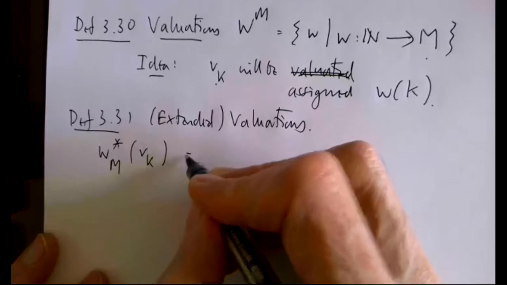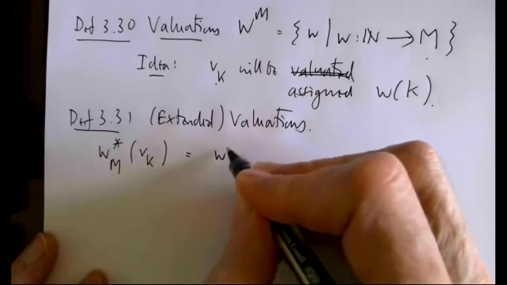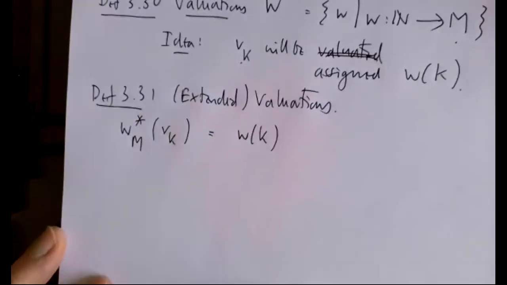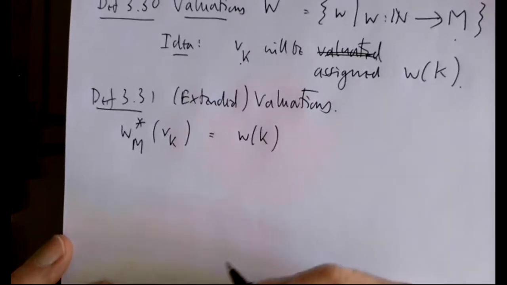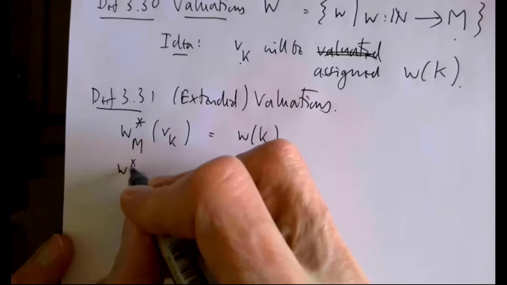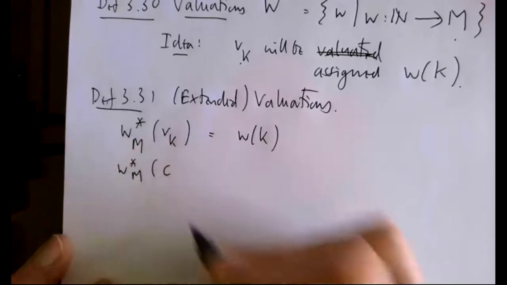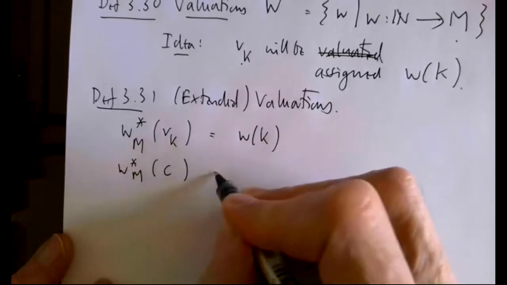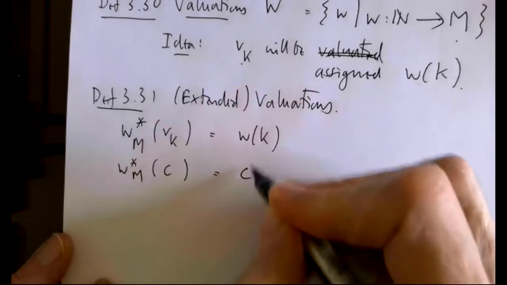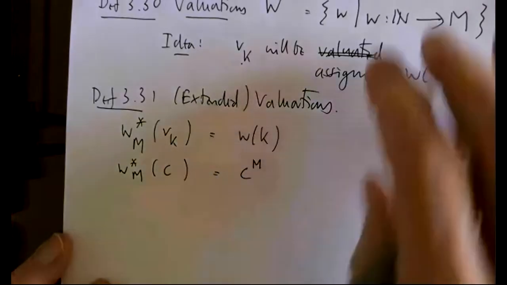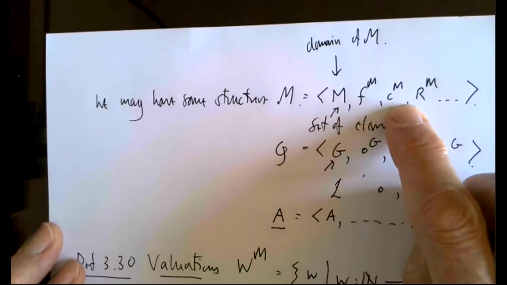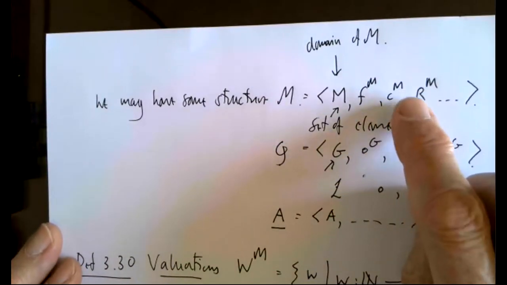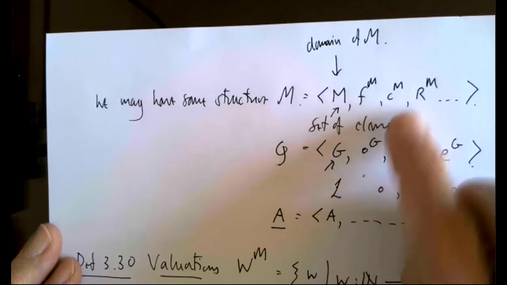Well, VKs, we've just said that's just going to be what WK is. Here's a constant from the language. That is going to be assigned whatever constant we've agreed that this C will be naming here.